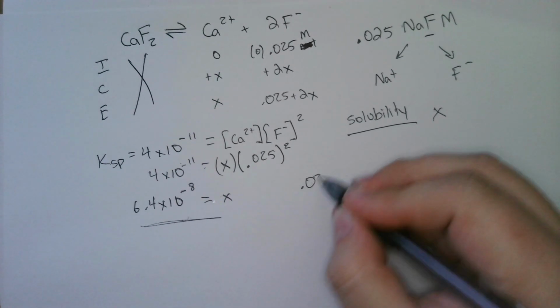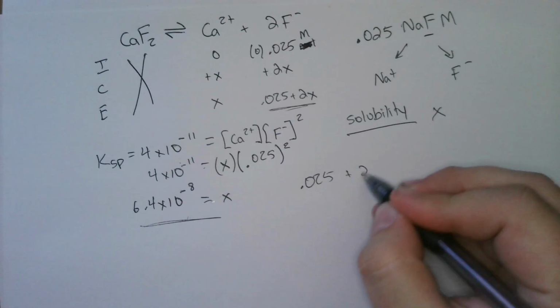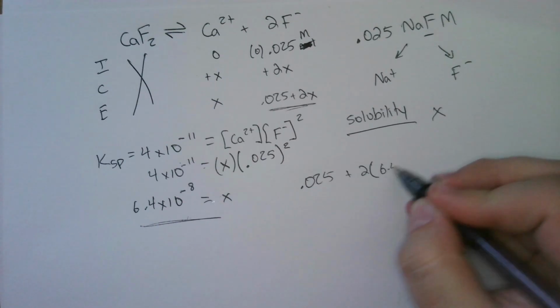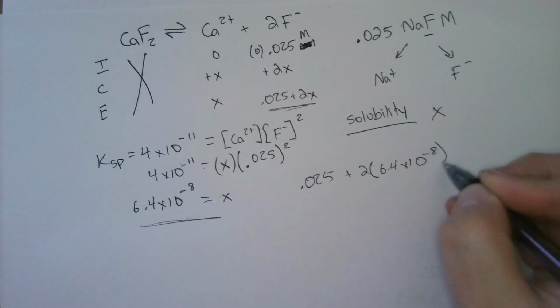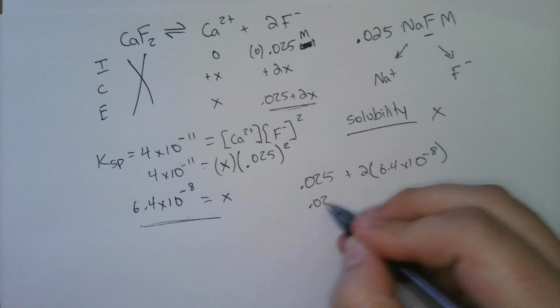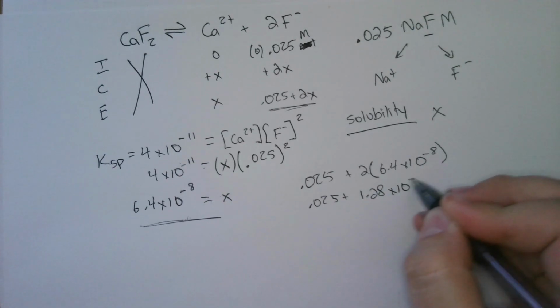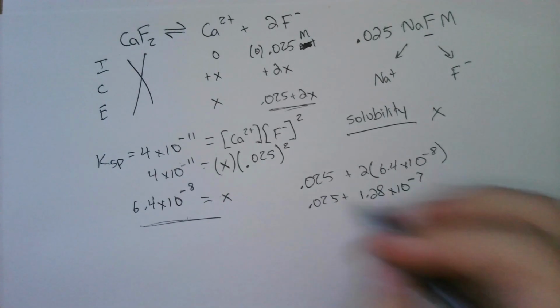If you'd like to test to make sure that this approximation isn't too bad, 2 times x, the expression this is this, right? 0.025 plus 1.28 times 10 to the negative 7th. Super, super small number.